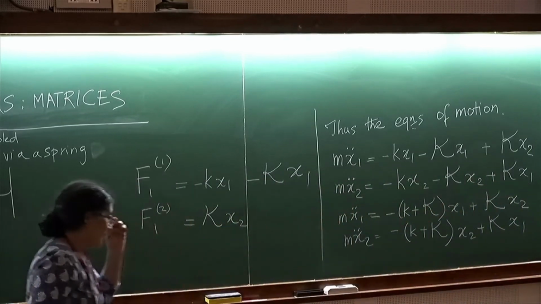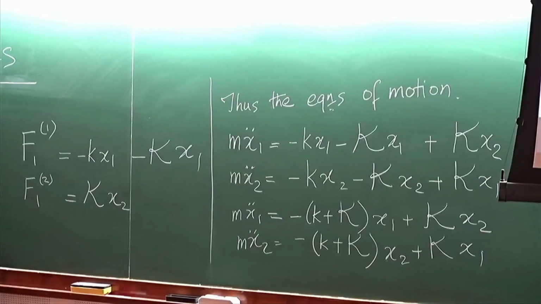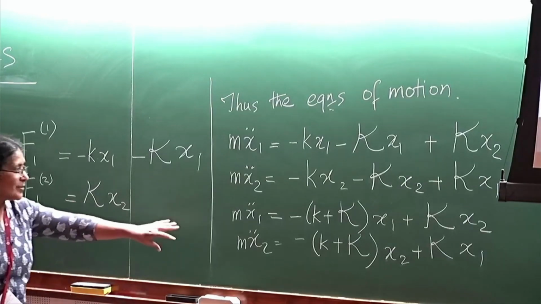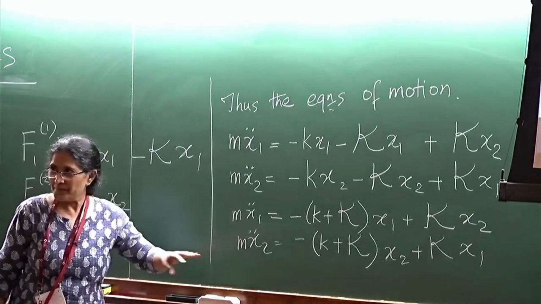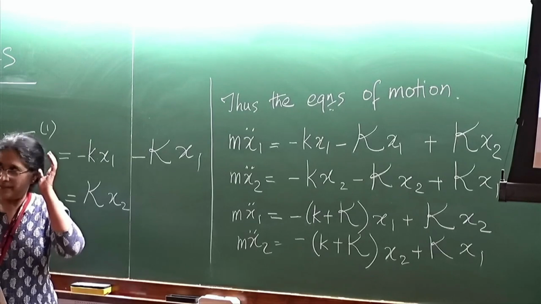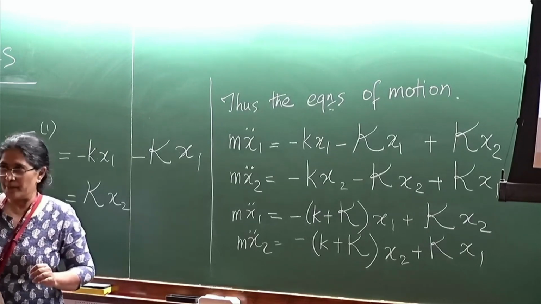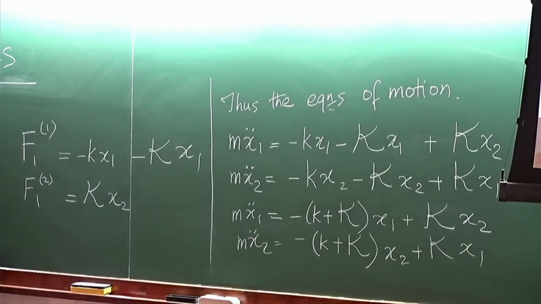Okay, so now what is the first feature that you observe about these equations that makes it look somewhat complicated? Yeah, linear, all those things are there.